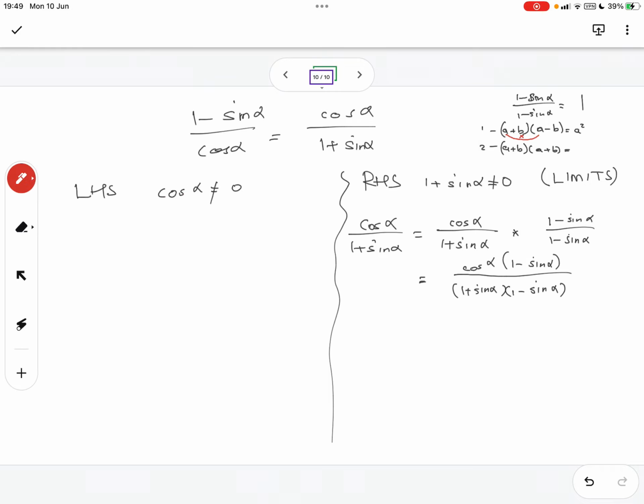So when we do the first one, it goes like this.